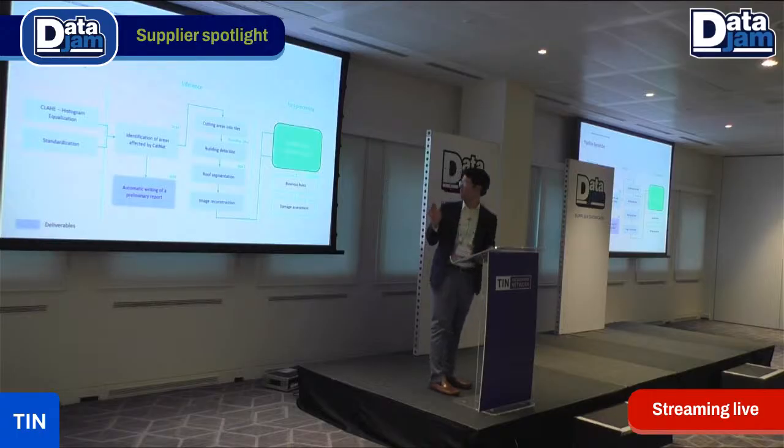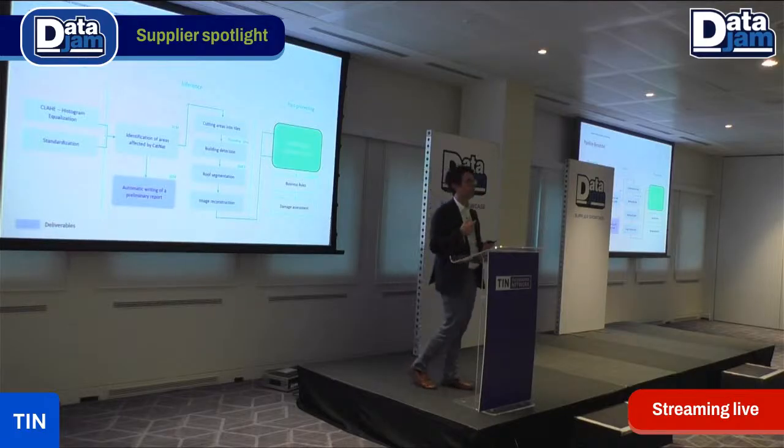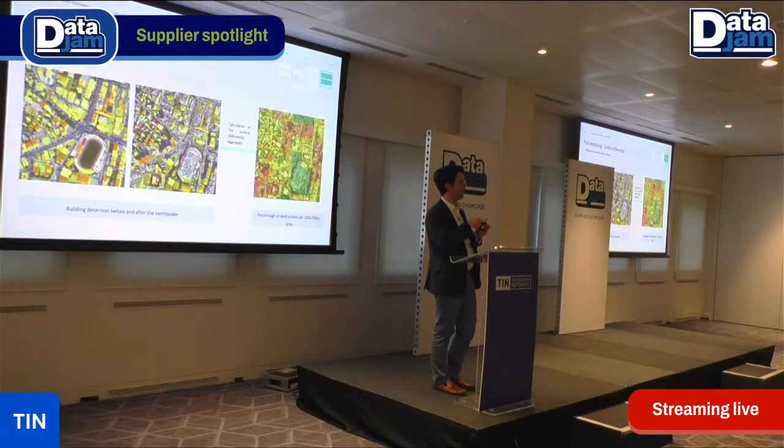The last step we have is a post-processing step. Once we'd identified the shape of the buildings, you can essentially, within that area, calculate the area of the buildings within that tile.